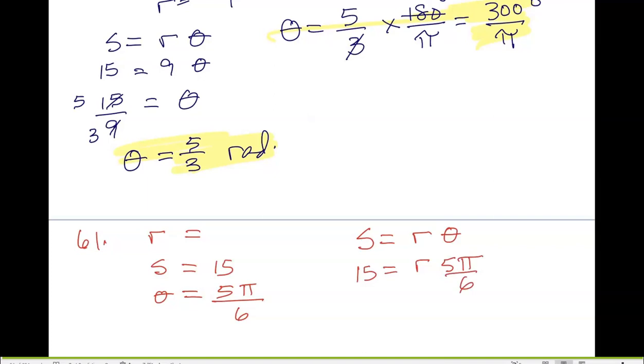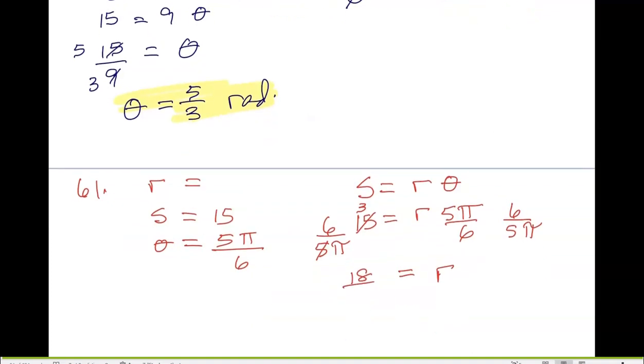Okay, to get r by itself, I'm going to multiply by 6 over 5 pi on both sides. So 5 goes into itself 1 time, 5 goes into 15 3 times, and my radius ends up being 18 over pi. And that's a fine answer.